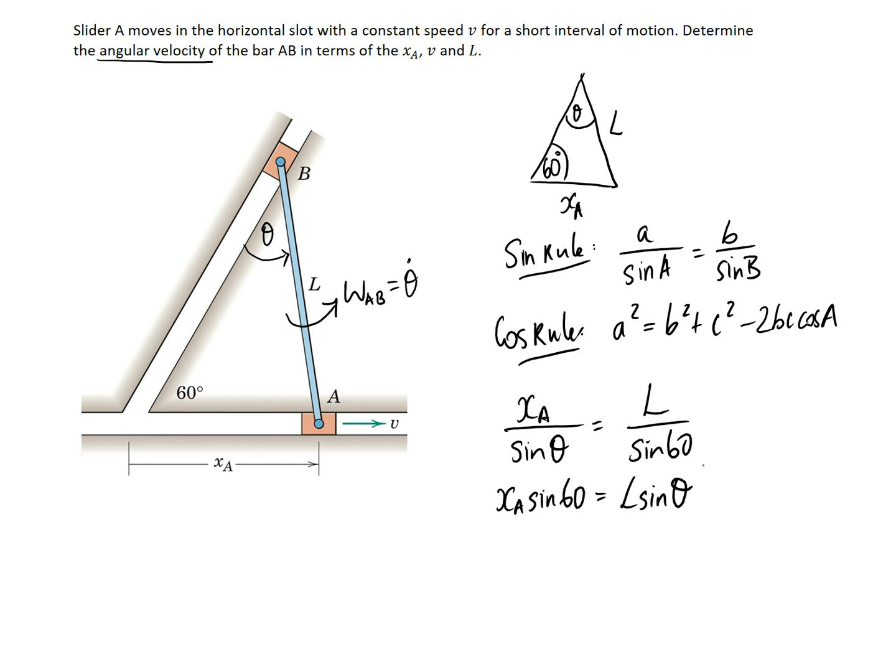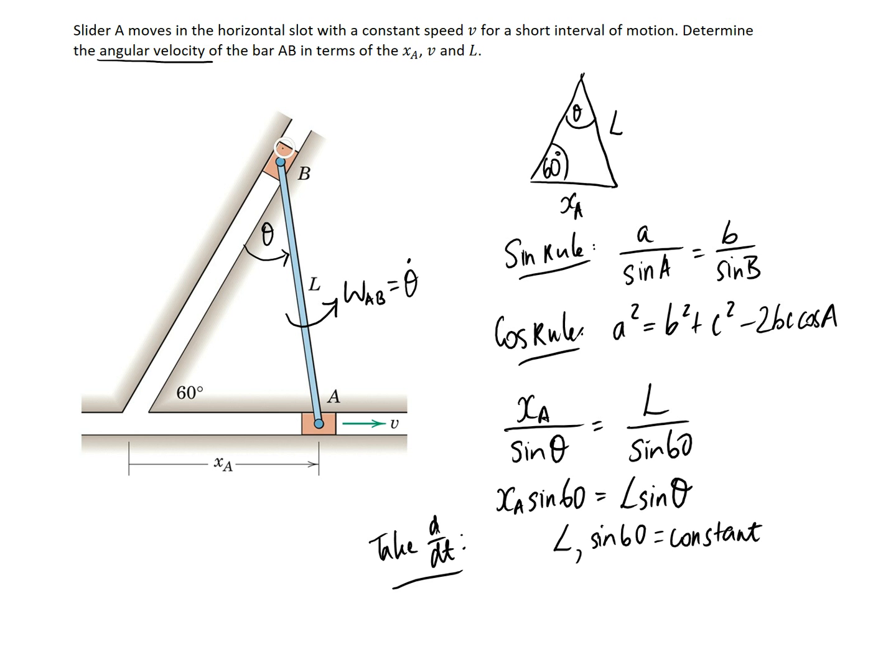So now it just becomes a case of taking the derivative with respect to time, such that we end up with theta dot in the equation. Remember that when we take the derivative with respect to time, we need to think about which variables are changing with respect to time and which ones are constant. So L and obviously the sine 60 are going to be constant.